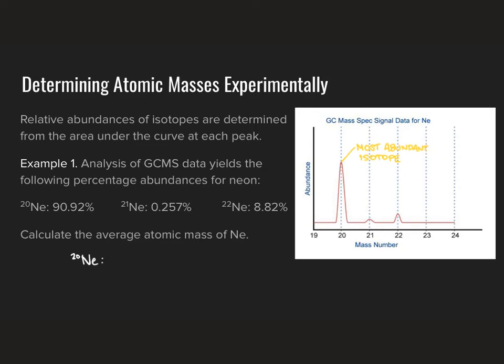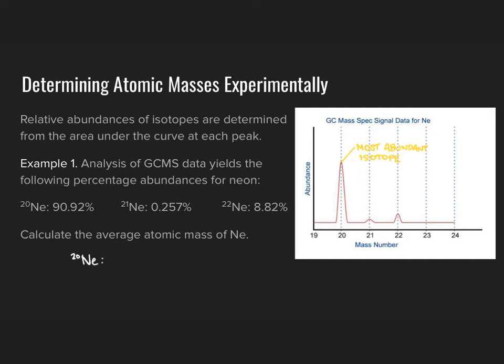Now, calculating the average atomic mass is essentially calculating a weighted average. Just like if you were to calculate your GPA for a semester and you saw that that semester you had got 5 A's and 1 B, your average grade point would be closer to a 4 than it would be to a 3, because the A was a more abundant grade which you received on your report card that semester.